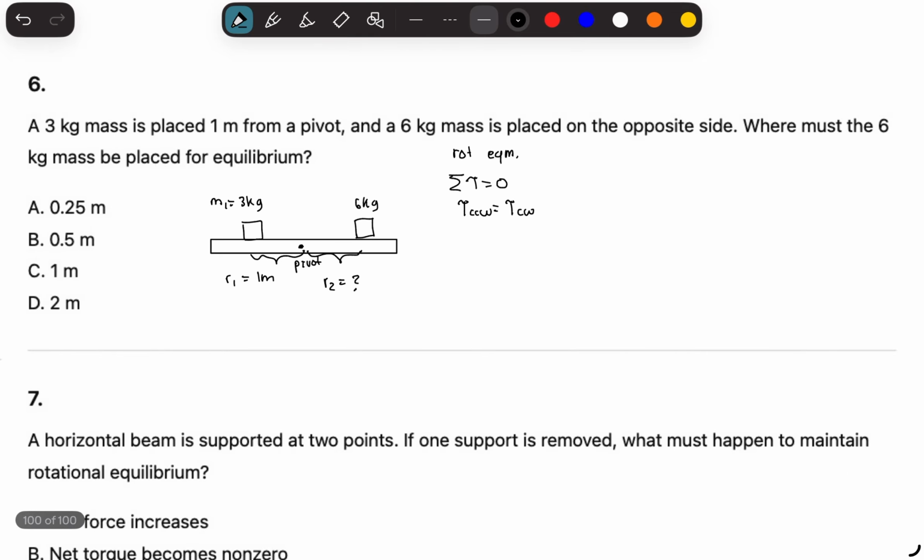And here that is the same thing as earlier. We have our weight at an angle of 90 degrees. Torque equals F R sine of theta.